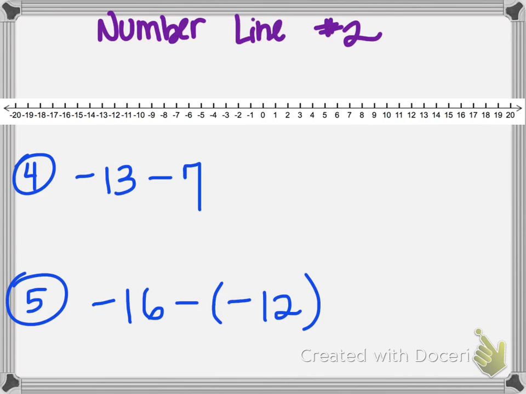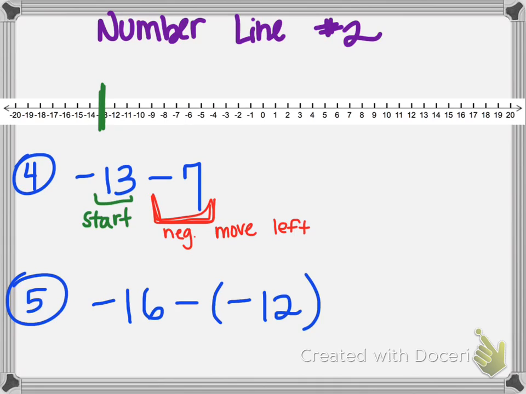Okay, so starting out here in example 4, same principle applies. I will start at negative 13. This time it's going to be different, though. I'm going to have to put some vertical lines. Then notice this 7 is not positive. It actually goes with the negative 7, or with the negative sign. So if I have a negative on a number line, that will actually move it to the left 7 times.